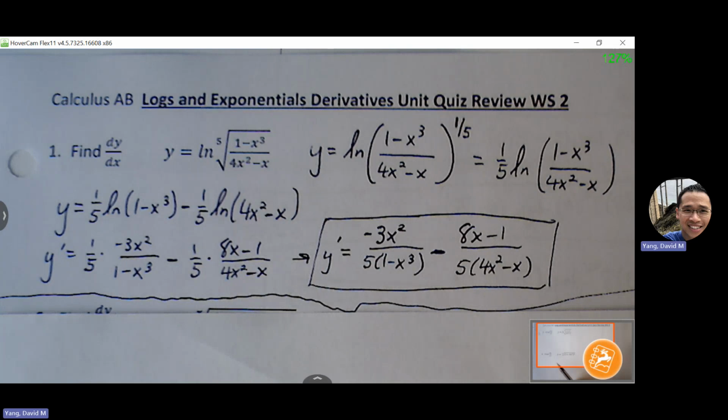Okay, once you have your equation expanded, then your derivative feels a lot easier.